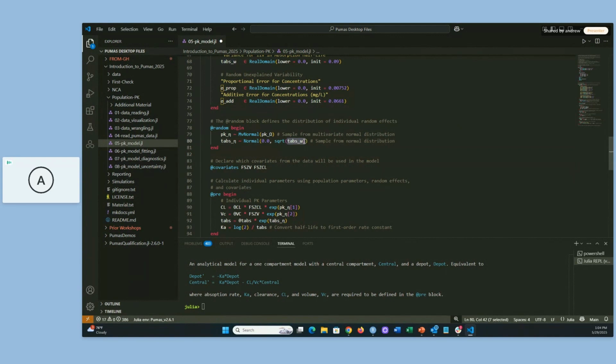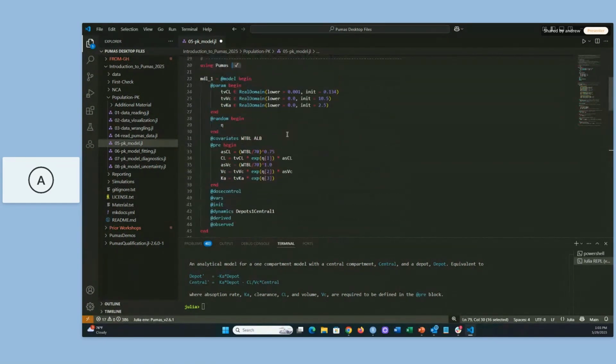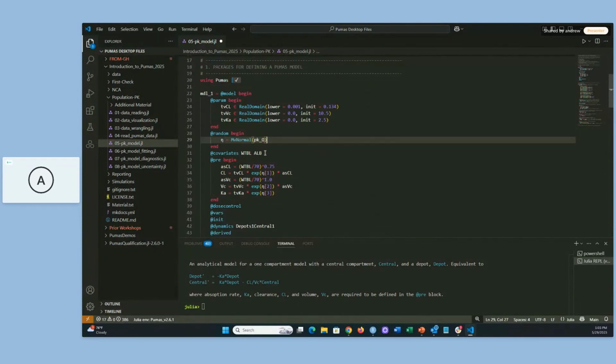So if we have our omega for tabs as a variance, we need to convert that into a standard deviation first, but you can do that through simple mathematical operations. I'm just going to copy and paste that up here, and we'll leave this as omega since we talked about that.